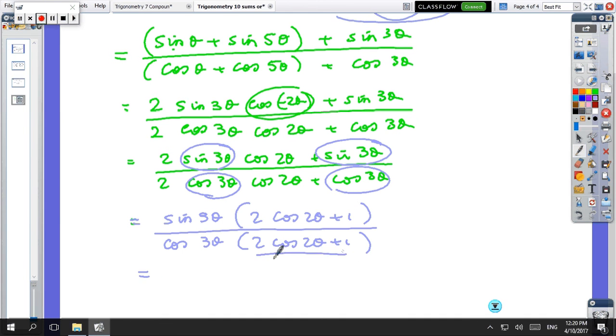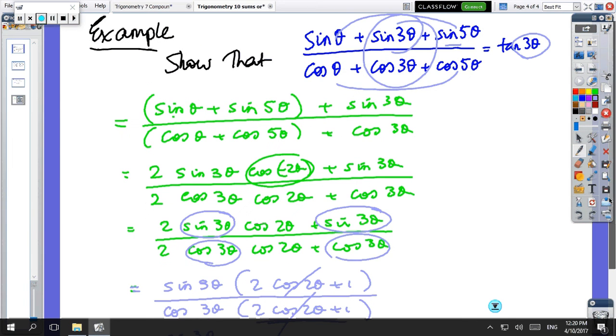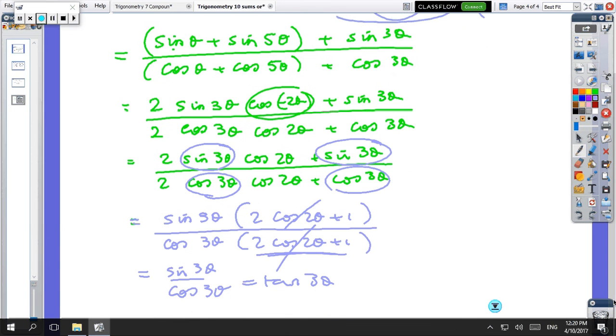As long as that number doesn't equal 0, because then the denominator equals 0, I can cross off those two. So sine 3 theta over cos 3 theta equals tan 3 theta, which is what we were trying to prove. So it equals the right hand side, and so we finish with QED. All this stuff here was the left hand side being simplified. Okay, and that's it. Thanks for coming.